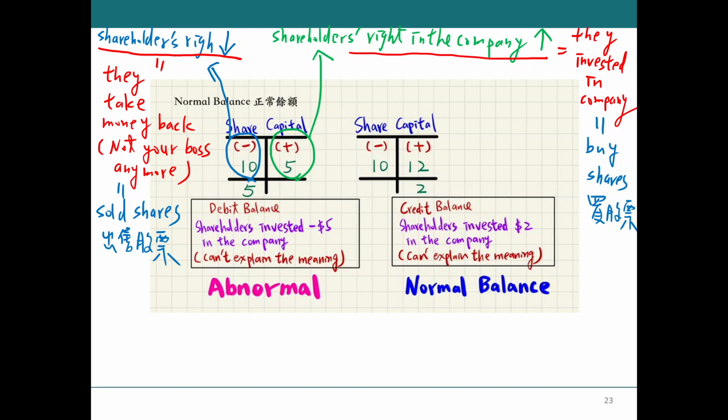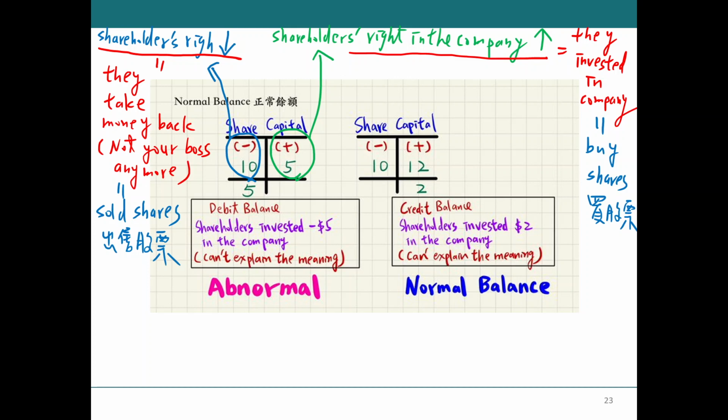You mean case 1? So case 1 means negative $5, right? So shareholders, is it possible shareholders have negative $5 investment? Impossible. I don't want to become your shareholders. So what is my investment? How much money I put in your company? 0.